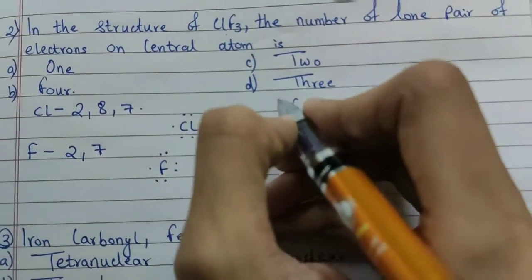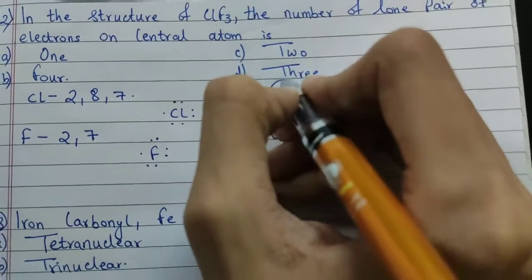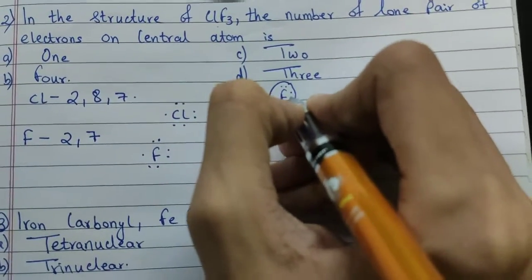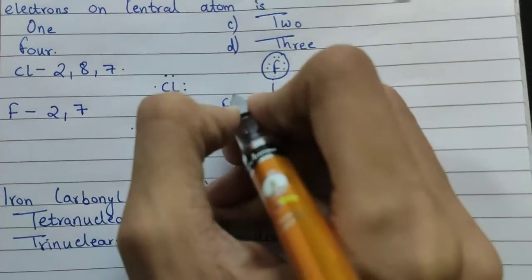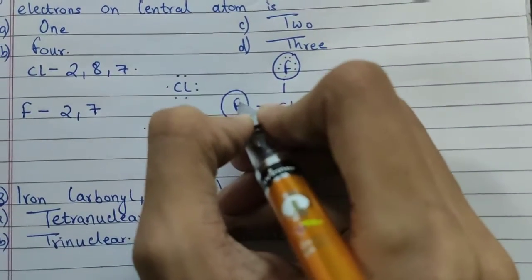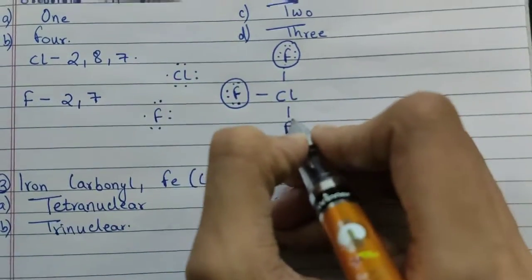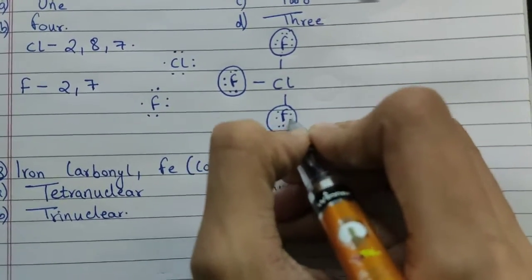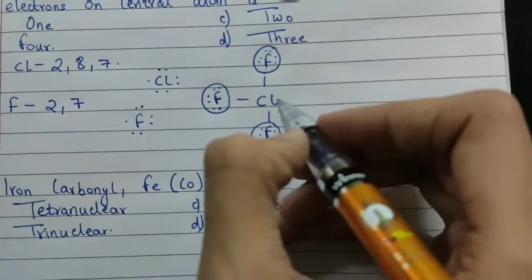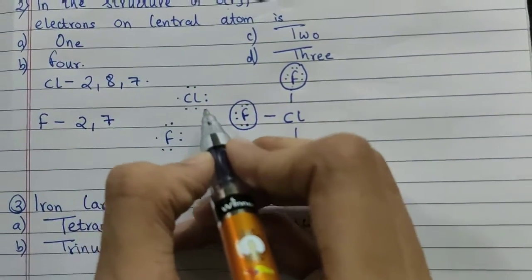Now if you see, one fluorine had 7 electrons, correct? So 1, 2, 3, 4, 5, 6, 7, and the 8th one from the chlorine completes its octet. Similarly over here, 1, 2, 3, 4, 5, 6, 7 of the fluorine and the 8th from the chlorine completes the octet. That is how ClF3 looks. But chlorine had 7 electrons.